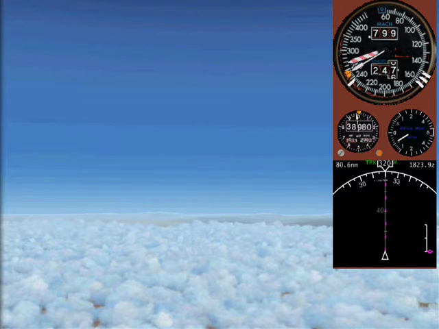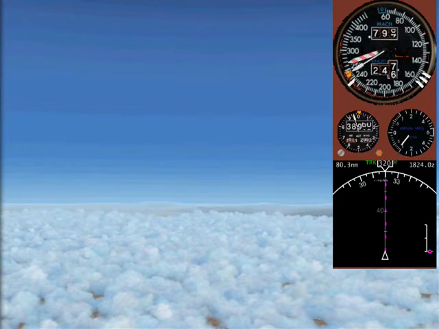We are now entering a Mach 0.8 descent at idle thrust.